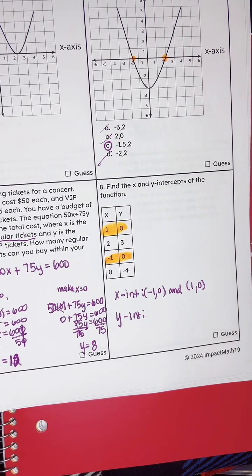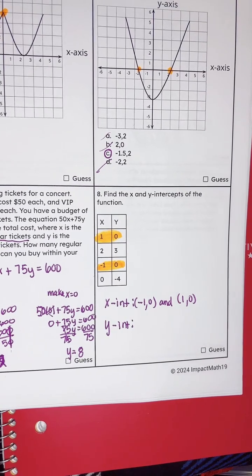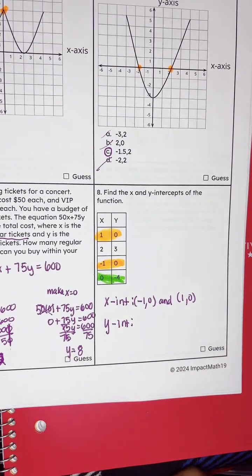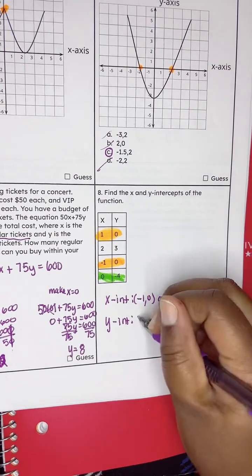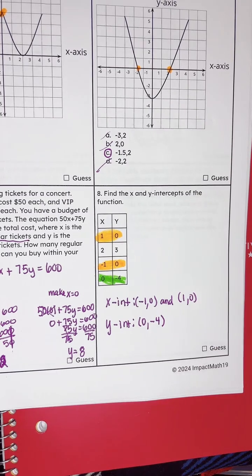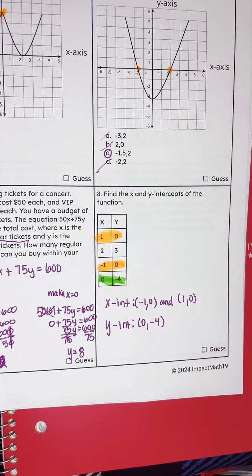Does anybody see what the y-intercept is? Carmel, yes, negative 4. Let's go, Lady J, yes. So this is our y-intercept here. It's the only point that has 0 for the x: 0, negative 4. So this one had 2 x-intercepts and 1 y-intercept.